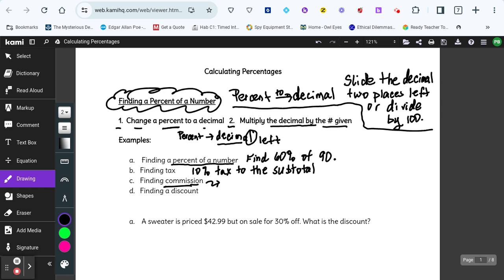So, for instance, you may receive 5% commission on $10,000 in sales. That means that for every dollar you sell, you get 5 pennies, because 5% is 5 cents, basically. So you get a nickel for every dollar.